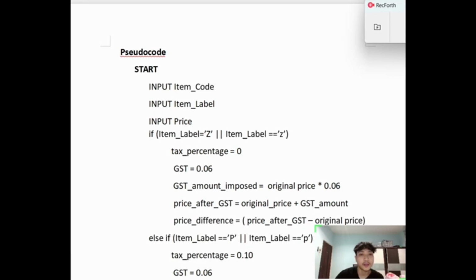Step 1 is start, input item code, input item label, input price.